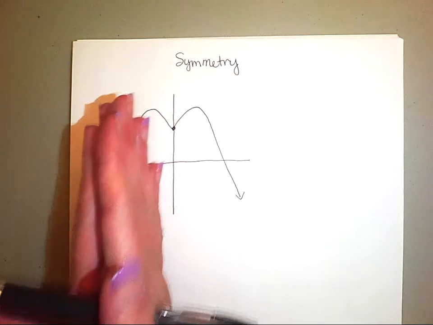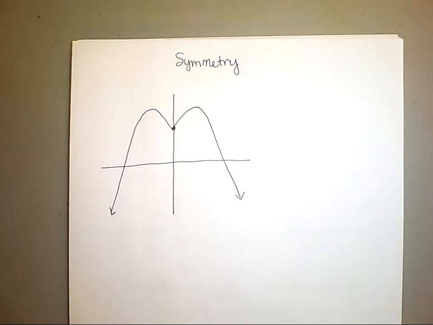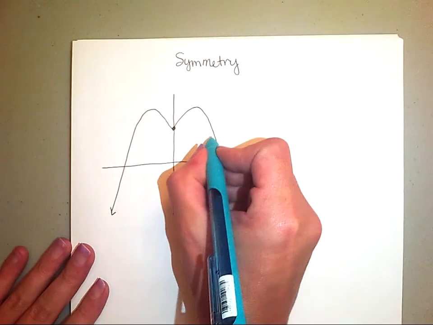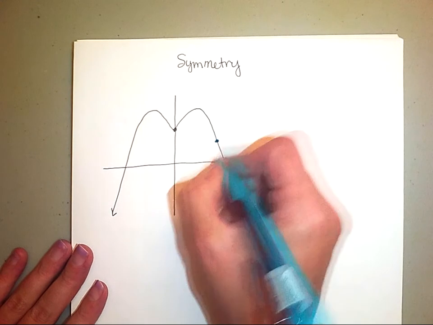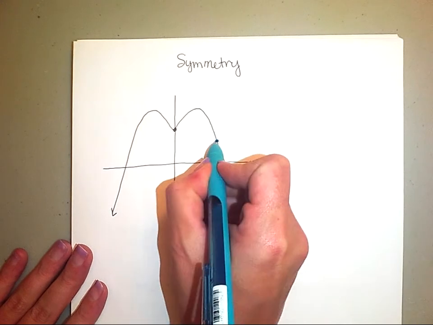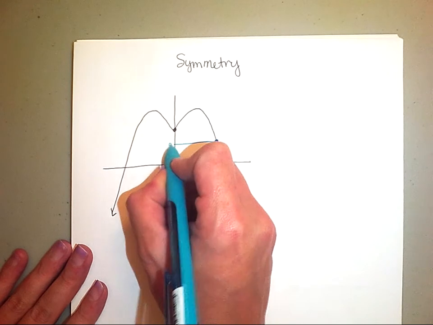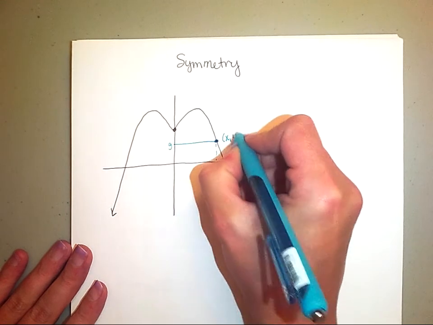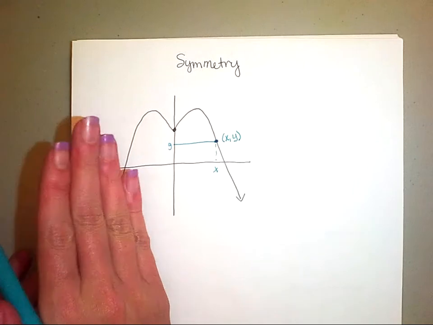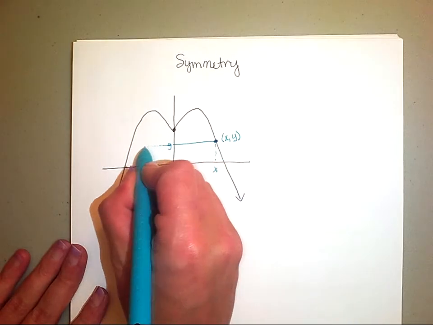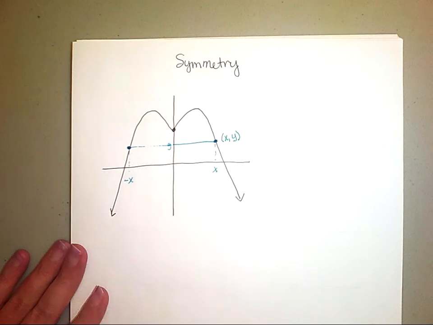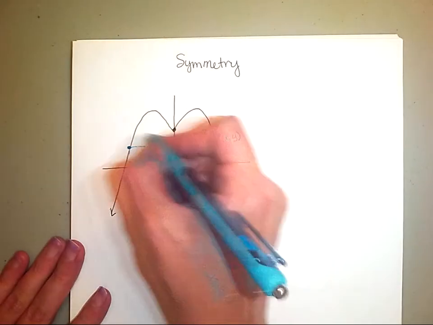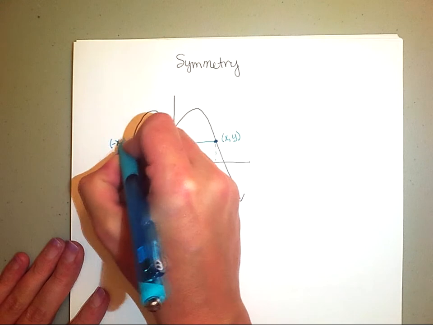Now I want these two functions to be able to lay on top of each other. And if I did that, then for any point on here, this would be my x point, and this would have to be the value of y, so I would get a point x comma y. If this graph is to lay on top of it, then the other point has to be the same exact distance in the opposite direction. So this would have to be a negative x value, but the y value would have to stay the same.